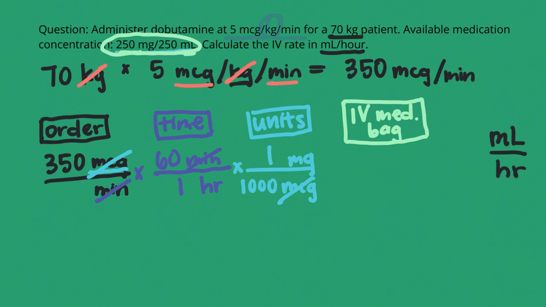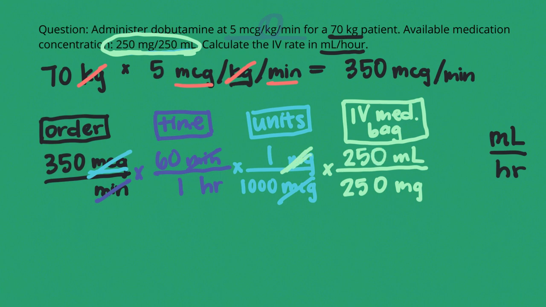And in that is 250 milligrams of the medication. So we know we're going to go from milligrams here. So we've got to put it on the bottom here, and we want it to be milliliters on the top. The IV medication, the available medication, can always be used as a conversion factor because it is equal to 1 IV bag. So we know here that for this medication, there's 250 milligrams in a 250 milliliter bag.